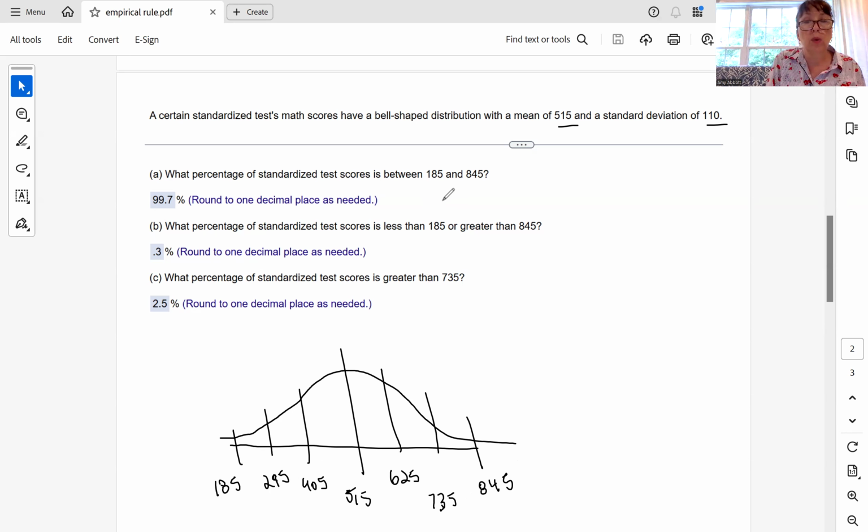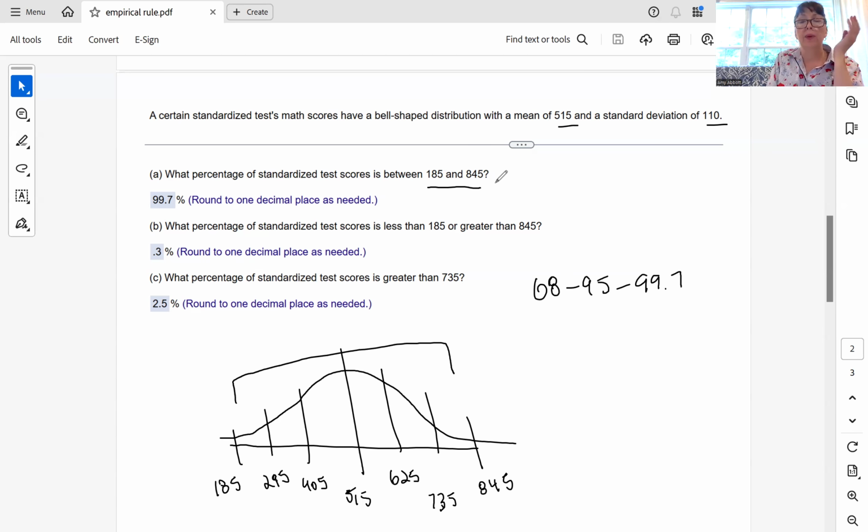The first question wants to know what scores are between 185 and 845. Again, the empirical rule is 68, 95, 99.7. So all the way from here to here, between 185 and 845 is within 3 standard deviations, so 99.7% of the information.